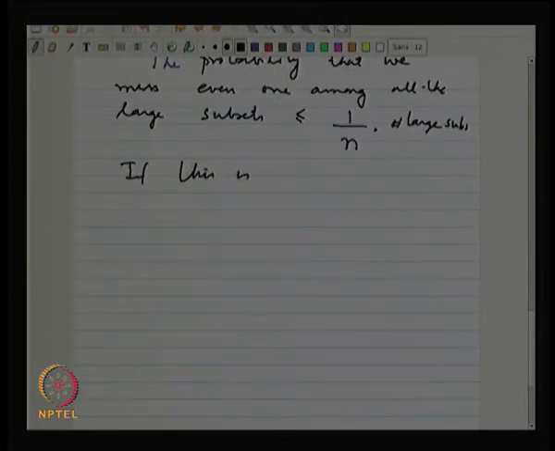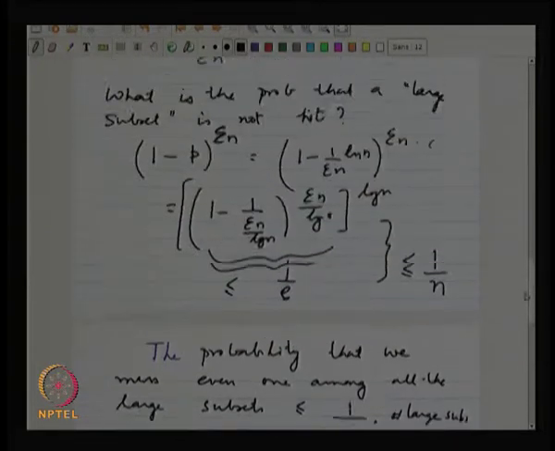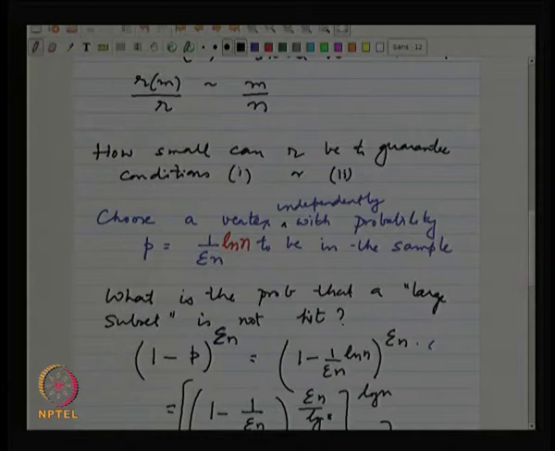So, if this is less than 1, then some sample of size, how much? From the probability you can also get a size, right. Probability is 1 over epsilon n log n.